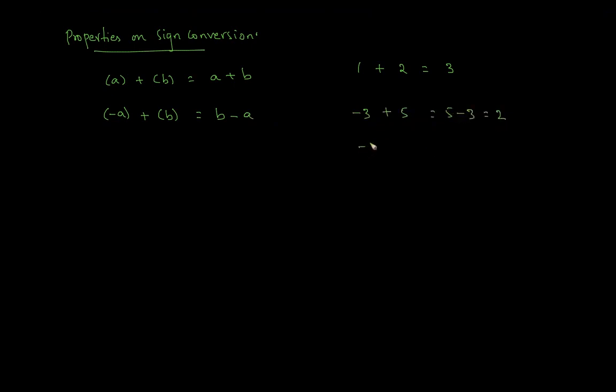In another way, we can say minus 5 plus 3, so 3 minus 5, you get minus 2. So the result might be positive or negative, because if b is greater, you will get the positive value, and if b is lesser, then you will get the negative value, right? Understood?